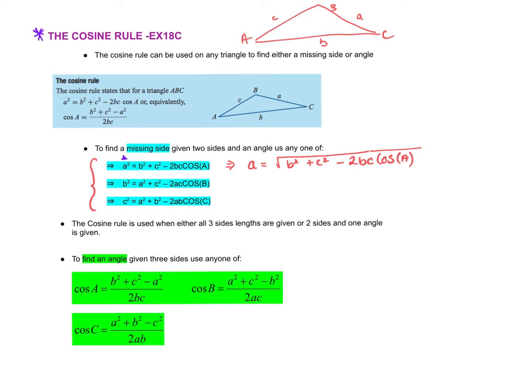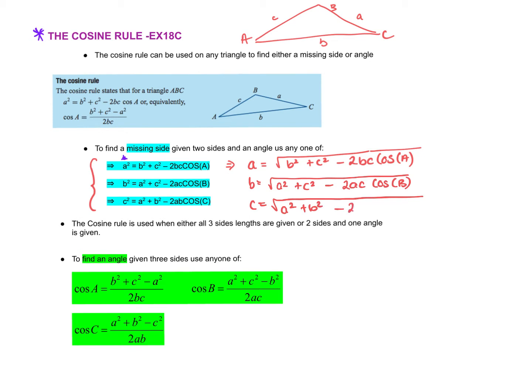But you might still want to pop them in, because this is essentially how you would do it without the solve. So you can see that it's when you have two sides of the triangle and the missing side's angle. That's when you can use the cosine rule.